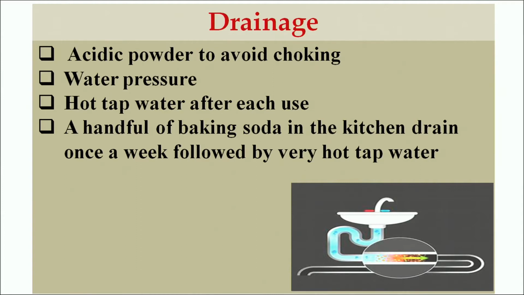A handful of baking soda in the kitchen drain once a week, followed by very hot tap water, will clear all the clogged material that gets left over in the sieve and the very small pores of the drain pipe. So it will all get drained off by using this method of mixing baking soda in the kitchen drain once a week, followed by very hot tap water.